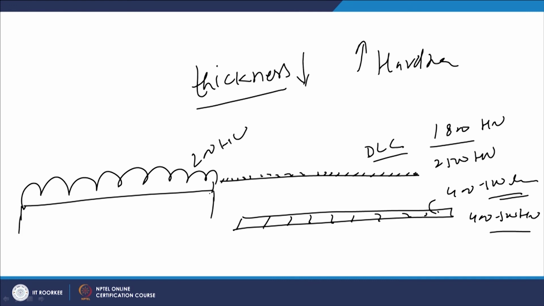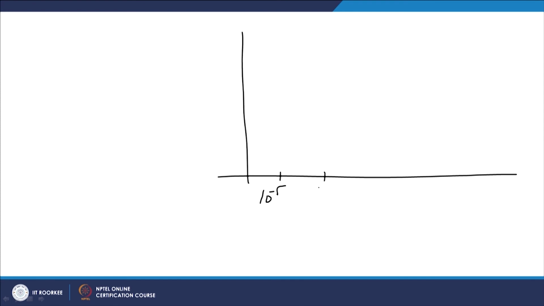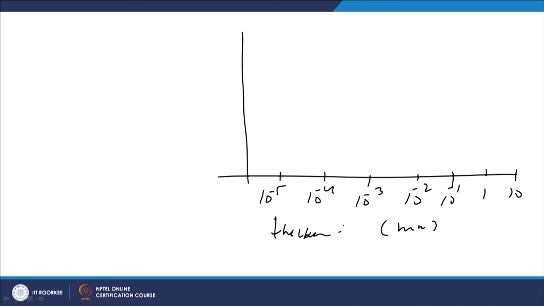Now, we will see the kind of processes which can be used and the thickness which is normally achieved. Here we have 10 to the power minus 5, 10 to the power minus 4, 10 to the power minus 3, 10 to the power minus 2, 10 to the power minus 1, 1, 10, in mm, and the thickness of the surface modified layer which is achieved.